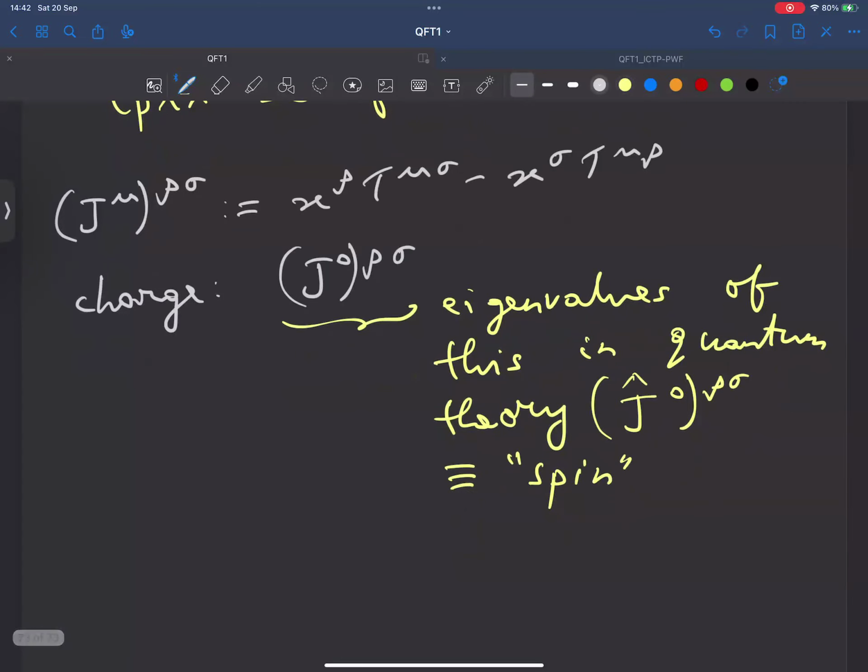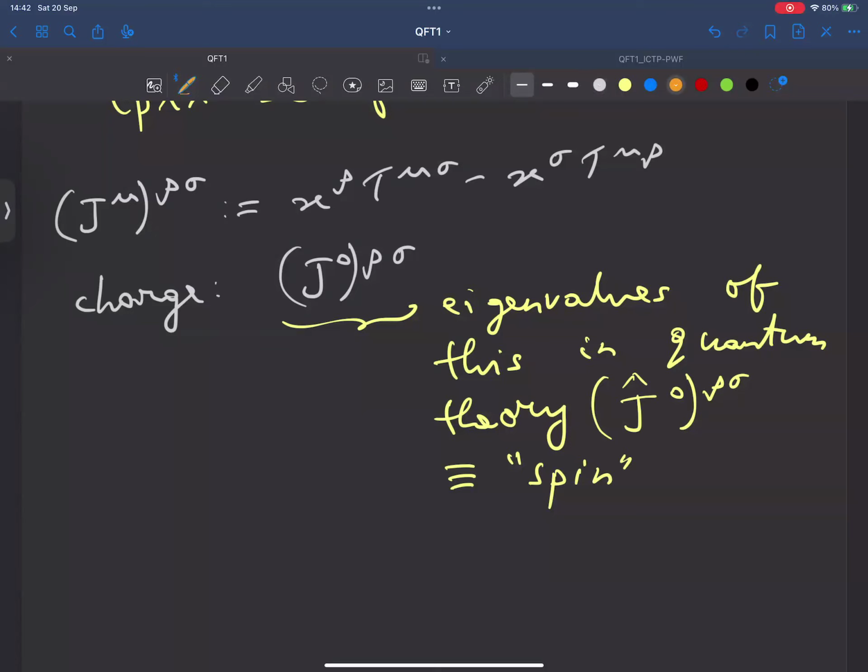So when we promote this object to operators, this generator that was generating infinitesimal Lorentz transformations, essentially when your theory is invariant under rotations and boosts, that operator, when you evaluate it on a state, the eigenvalues that you get, just like when you acted with the Noether charge Q for the U(1) symmetry on a momentum state and you got +1 or -1, so when you do this on a state, the eigenvalue that you will get will be called spin.